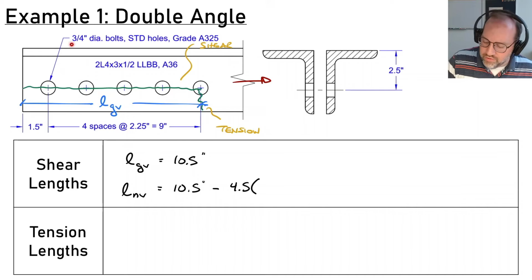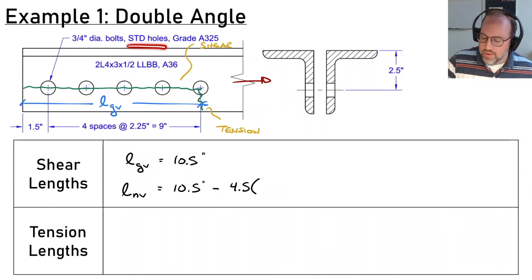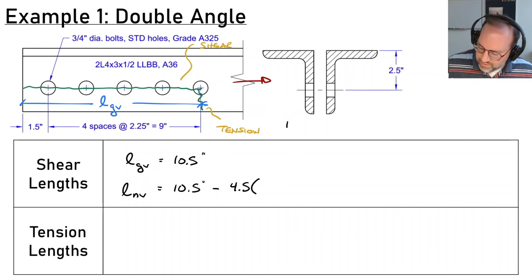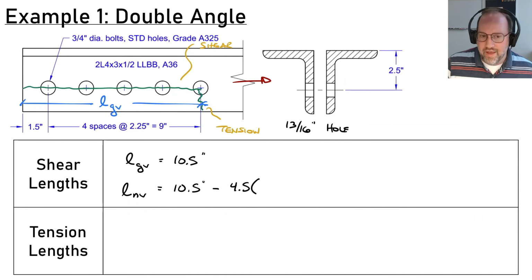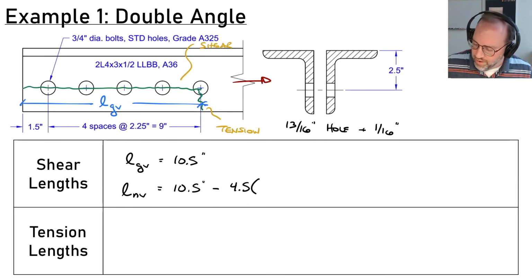Well, it is a 3/4 inch diameter bolt. If we look in table J3.3, we'll find that a standard hole for a 3/4 inch bolt is 1/16 inch bigger. So that is a 13/16 inch hole. And then I'm going to add a damage zone on there, because when we put that hole through the steel, you're probably going to be damaging some of the steel around there.